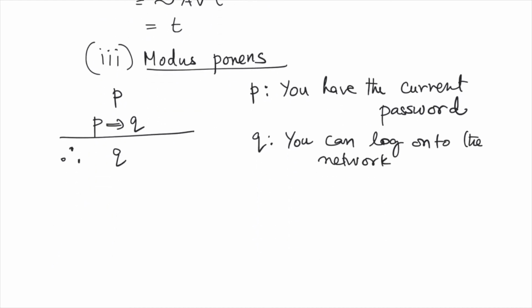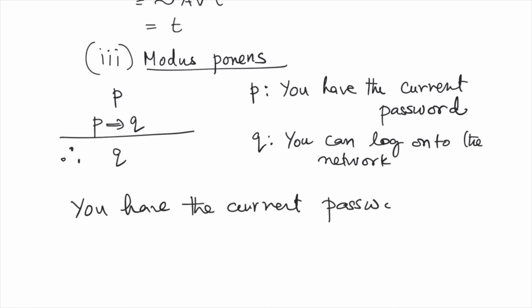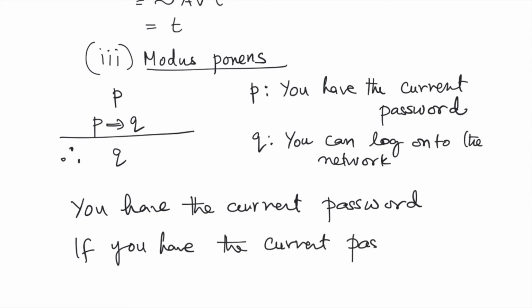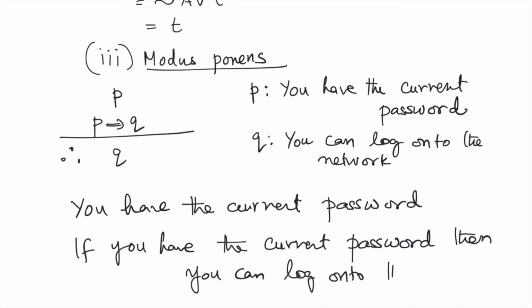Now suppose two statements are given. So you have the current password, and also the second statement says P implies Q: if you have the current password, then you can log onto the network.